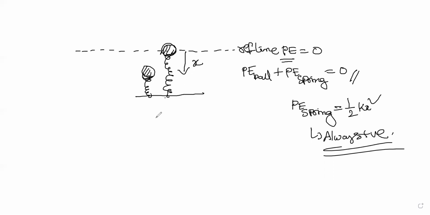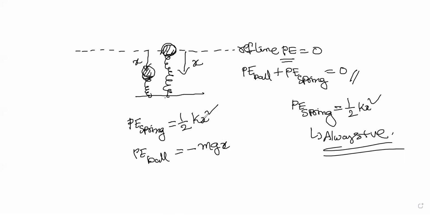So when I compress, the potential energy of the spring is half kx square, and the ball is also moved a distance of x. So we get the potential energy of the ball as minus mgx because we moved down.